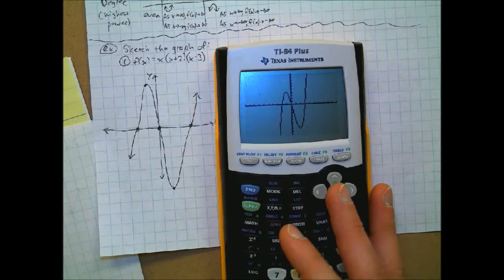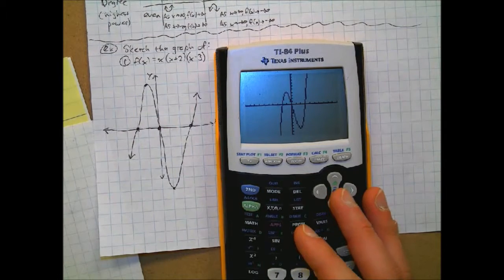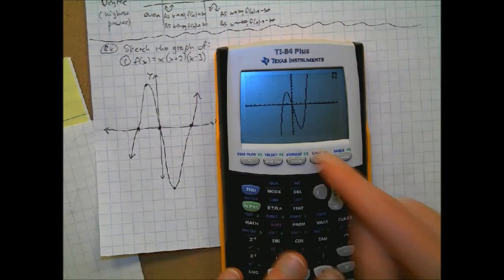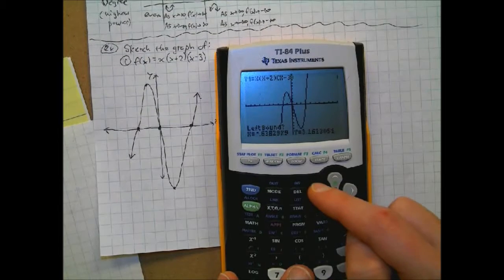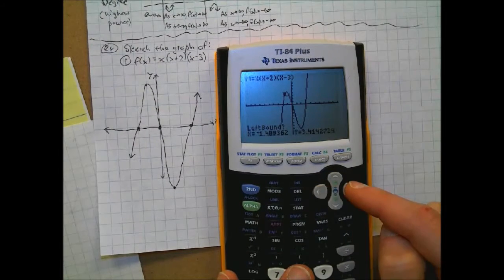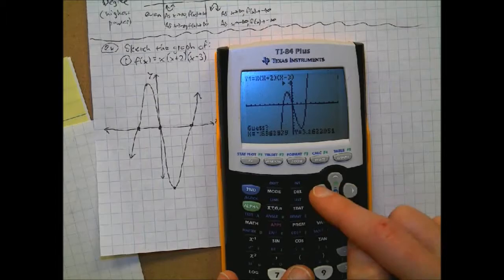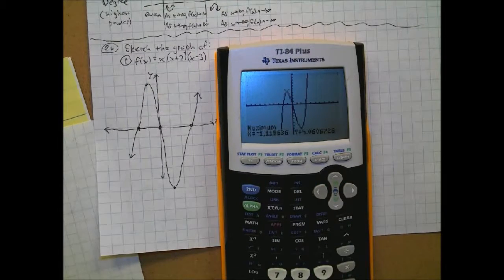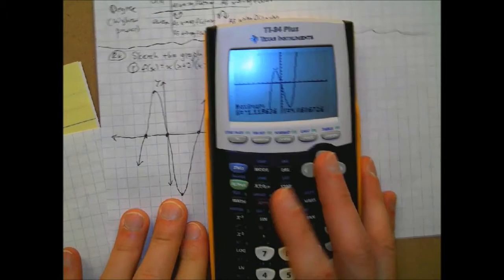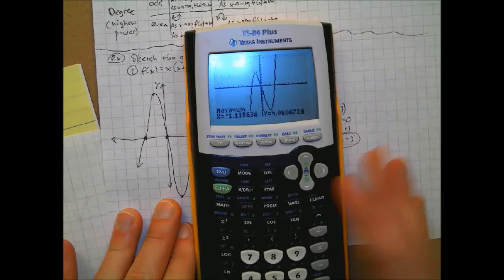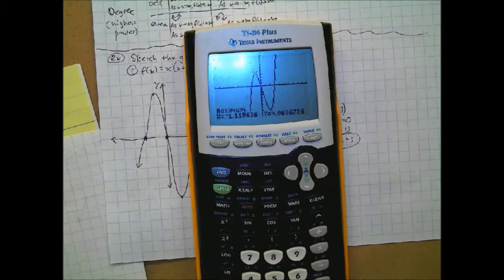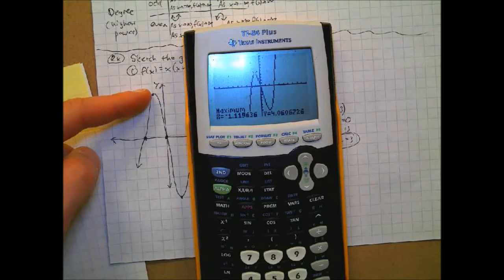Now, here's what I was talking about earlier. Second trace, maximum. I'm going to find the actual point for this peak. Go to the left, hit enter. Go to the right, hit enter. Guess, hit enter. Look at the maximum coordinate, the actual coordinate for the top of this peak. Is that the same as what we have here for the top of our peak?